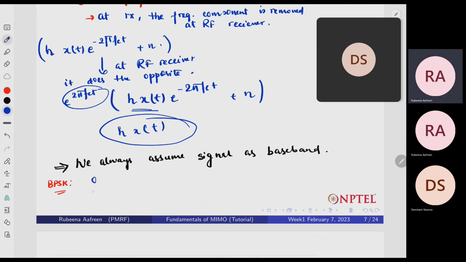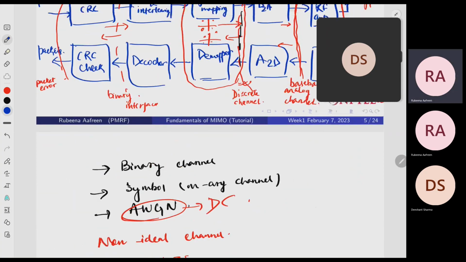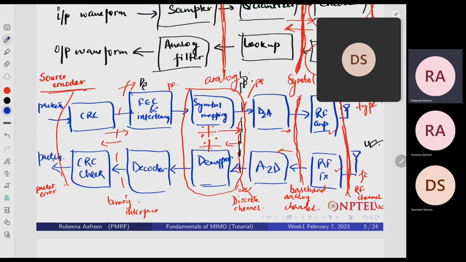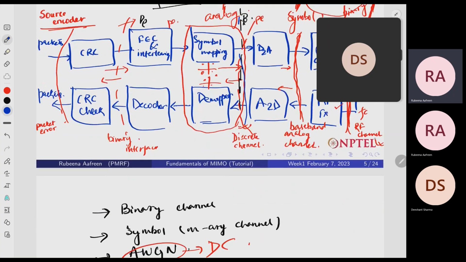We take two symbols and map them as -1 and 1. Then we say these symbols are transmitted to the channel. When we say that, we are essentially not considering all these components. We are taking this interface, the discrete interface, that I mentioned, as the channel.